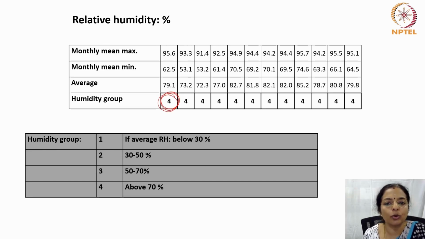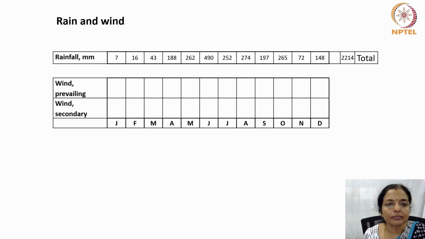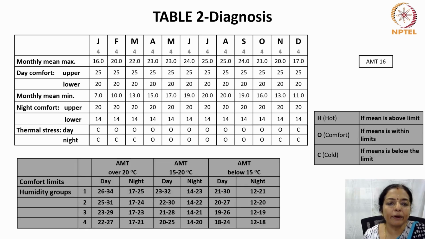So this is above 70, so humidity group is above 70. So everywhere the humidity average is above 70, so the humidity group is uniformly 4 for all the 12 months. Then I enter the rainfall of every month and I get the total rainfall in millimeters. Then I will enter the prevailing wind direction and move to the diagnosis table.